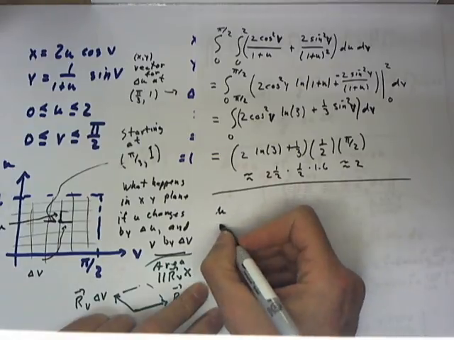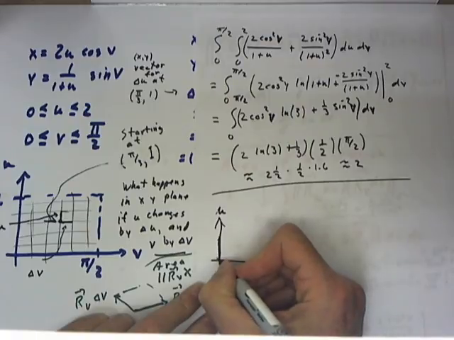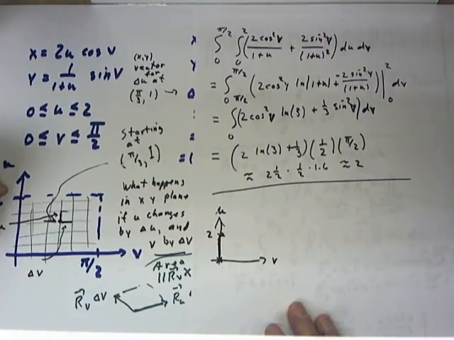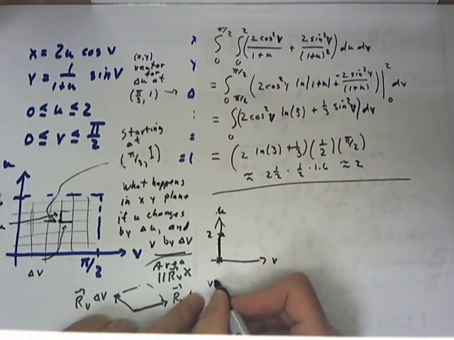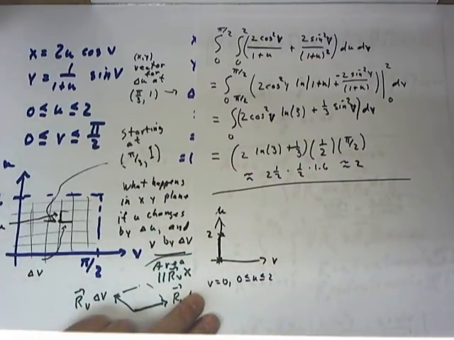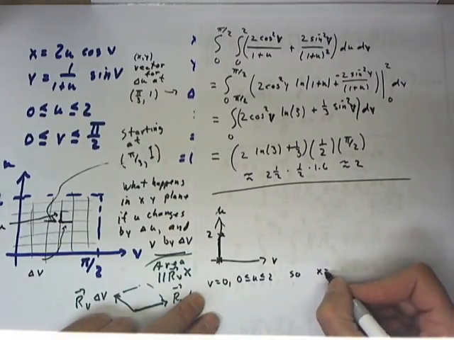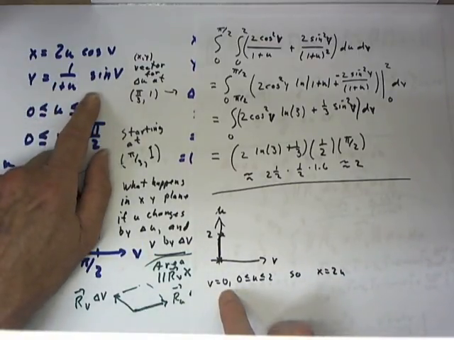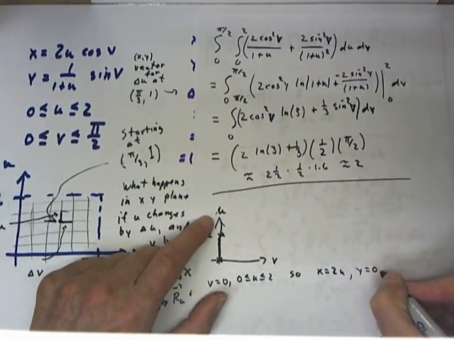In the UV plane, this line segment from 0, 0 to the point 2, 0 is characterized by v equals 0, 0 less than or equal to u less than or equal to 2. So what we have is x equal to 2u. v equals 0 gives us cosine v equal 1, sine v equals 0, so that y equals 0.